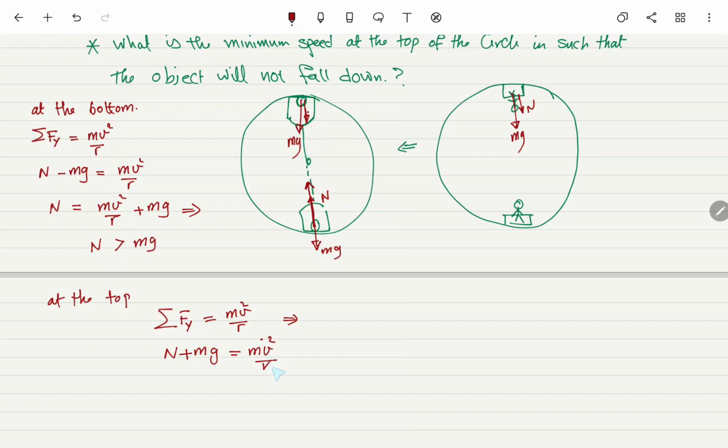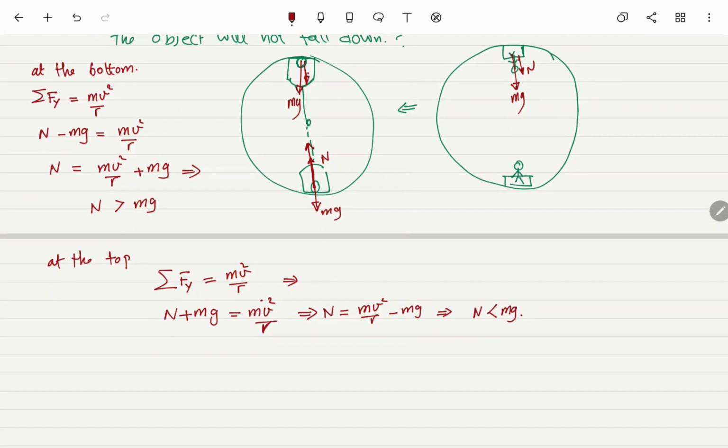So the normal force is equal to mv squared over r minus mg, which means the normal force is less than the weight of the object. So to graph this, it has to be shorter than the mg.